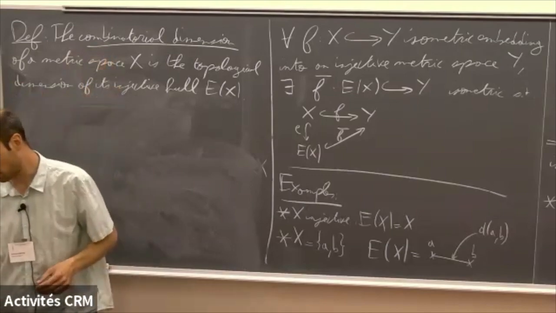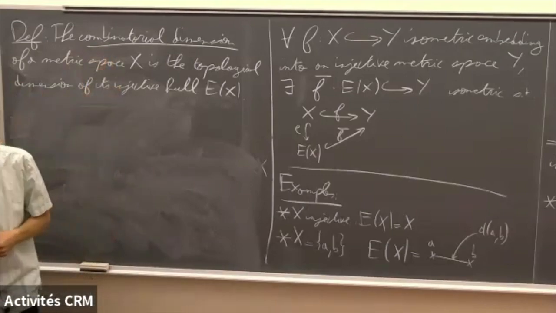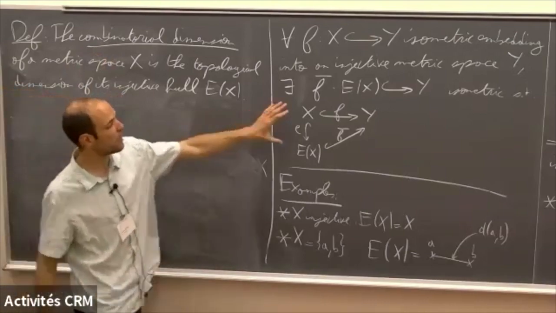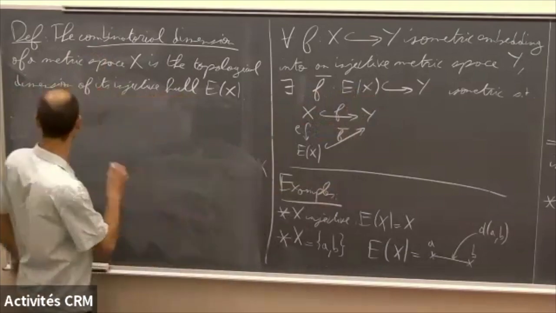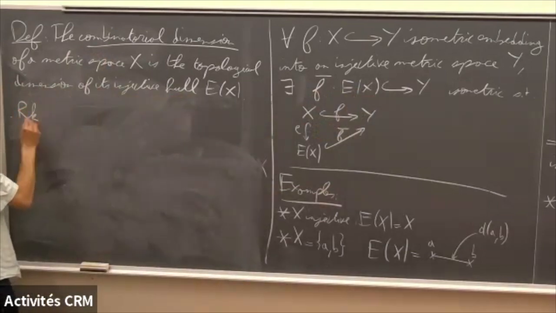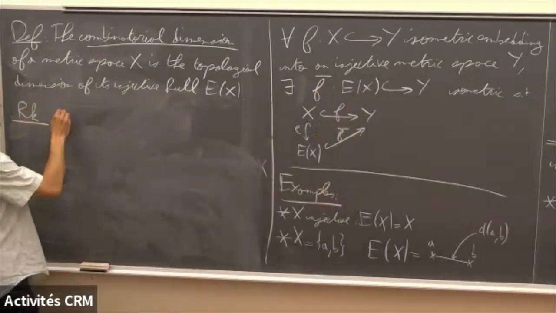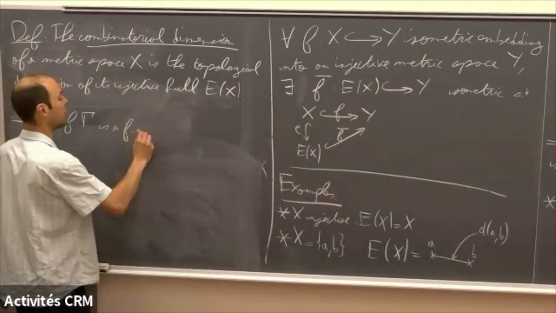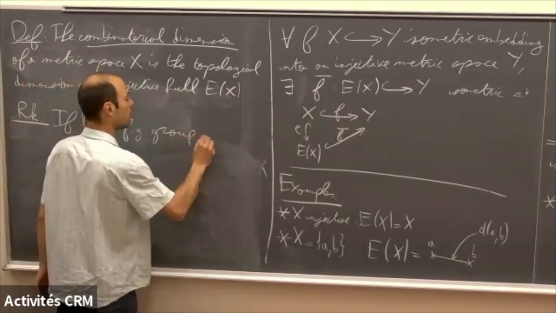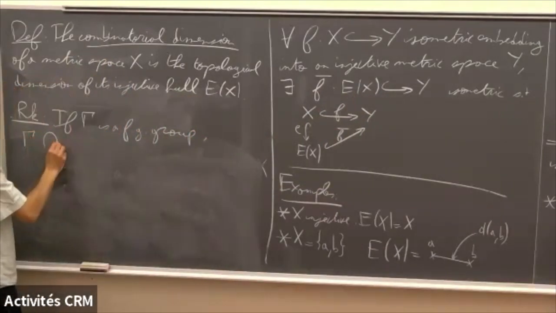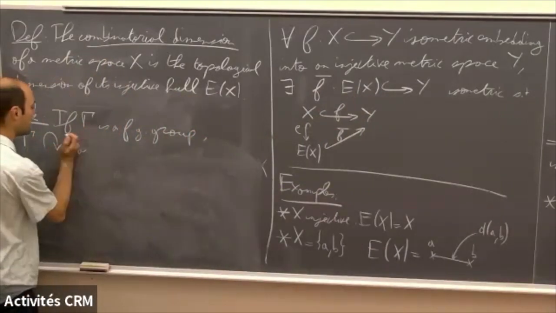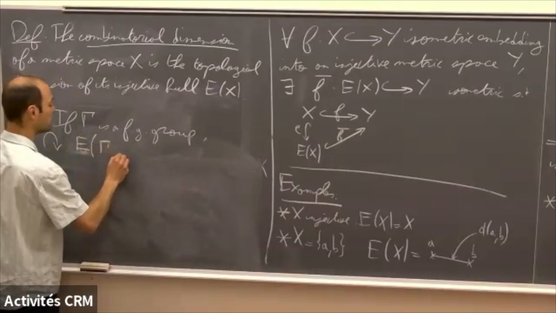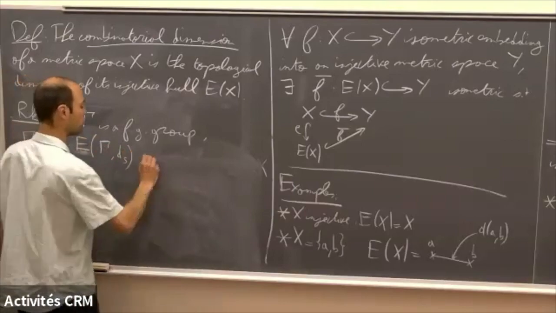I think it's quite powerful, but it's very hard to control. So just from the existence of this injective hull, we have that if gamma is a finitely generated group, then gamma acts on any injective hull of gamma with the word metric properly.